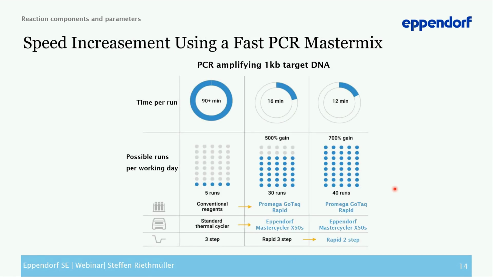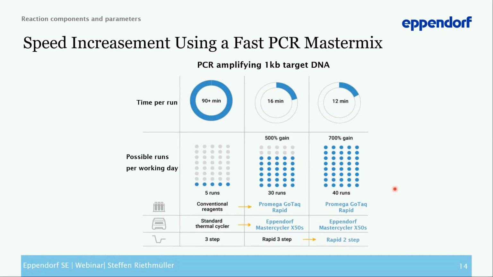In case speed is important for you, and if I remember my time during my PhD, speed was important when using the thermocycler because we just had one single thermocycler for the whole institute.